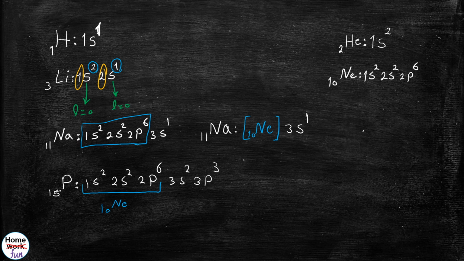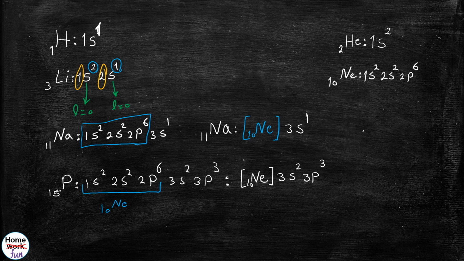And again, I can just do that as a more concise version, noble gas notation. So I put neon in square brackets. Doesn't matter if you put its atomic number 10 or not, you can just leave it. So whatever is different, now you mention 3s2, 3p3.